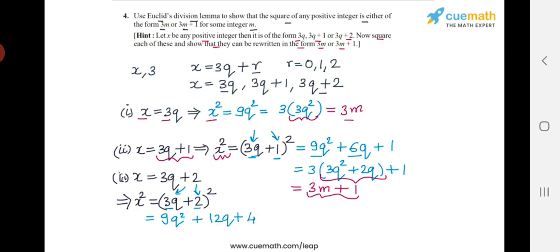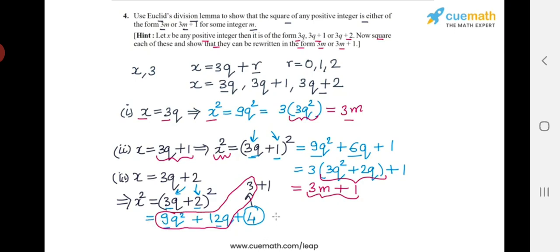Now what I can do is, from the first two terms we can take out a factor of 3 common, and even this 4 here I can write as 3 plus 1. And why I'm doing this is so that the terms 9q square, 12q, and the term 3 will have a common factor of 3.